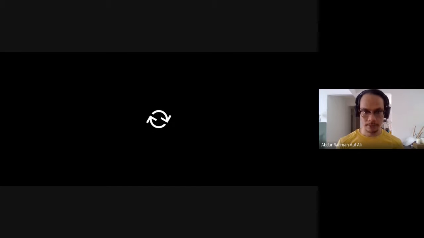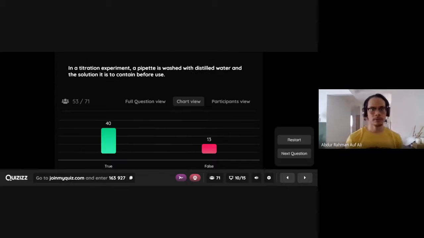Okay, katakanlah kita nak measure 10 ml of hydrochloric acid. So kita gunalah pipette. Before we use the pipette, kita rinse dulu dengan H2O. And after we rinse with H2O, kita rinse dengan HCl. So bila dah rinse, barulah kita extract 10 ml of HCl. The purpose we do this adalah untuk cuci.